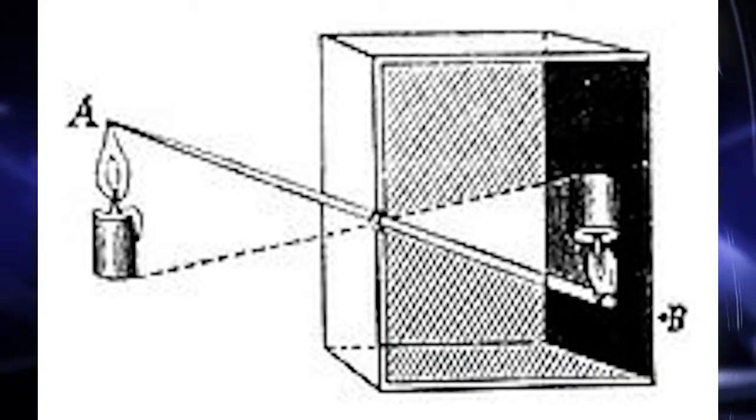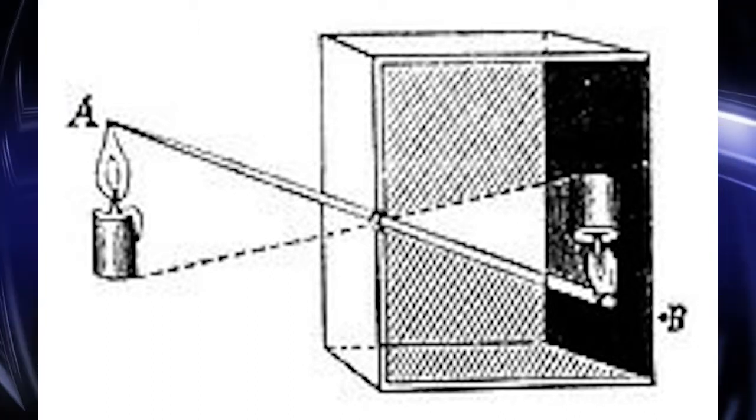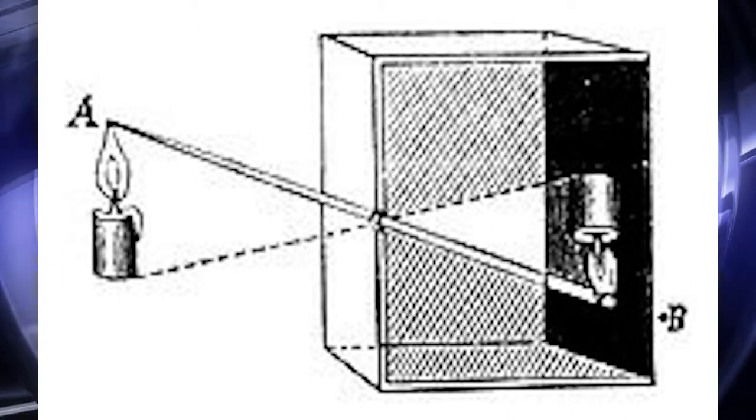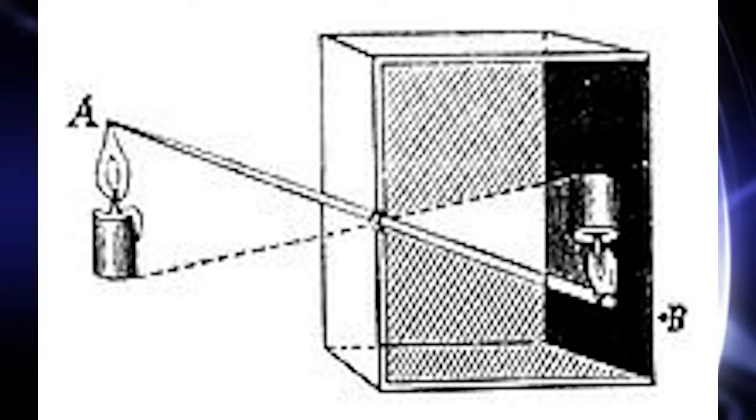Shen Kuo was the first to apply geometrical and quantitative attributes to the camera obscura, just several decades after Ibn al-Haytham's death. However, some of his most impressive written work in mathematics would be applied to his work in astronomy.